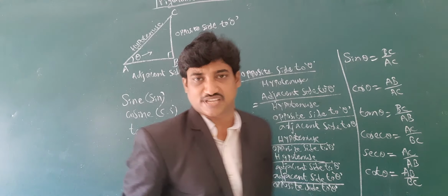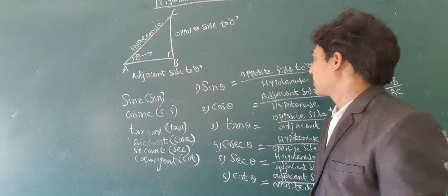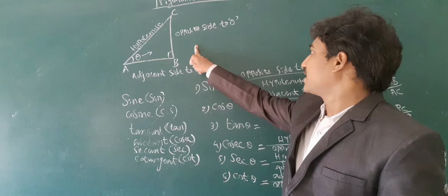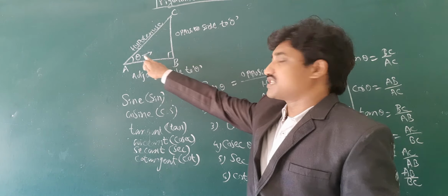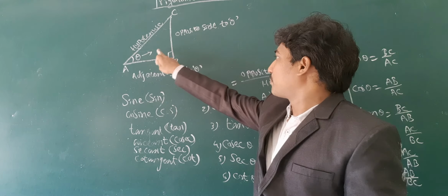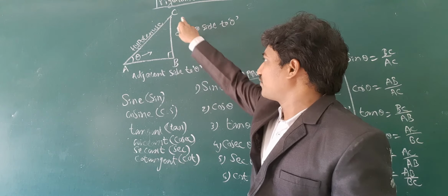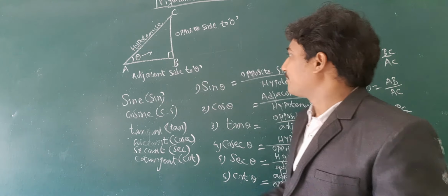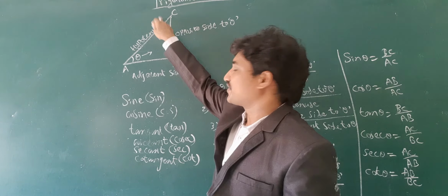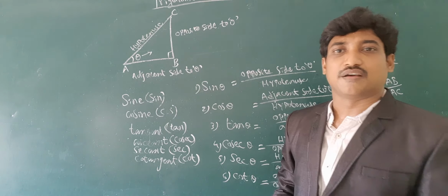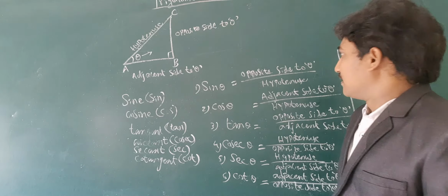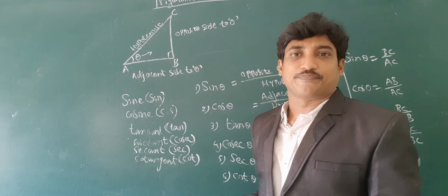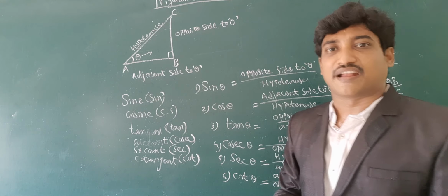Let us define sin theta. The ratio of the length of the opposite side of an angle and the length of the hypotenuse is called sine of that acute angle in that particular right angle triangle.